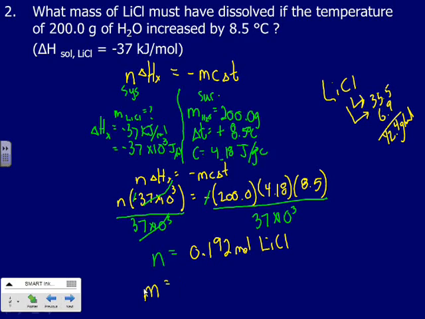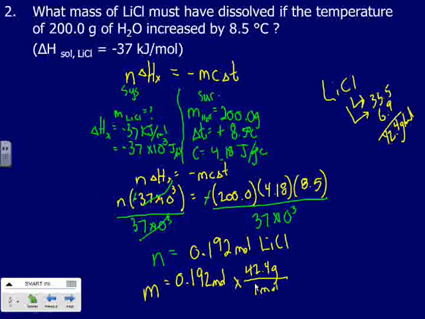And therefore the mass will be 0.192 moles. And we know how to do this. This is good old-fashioned conversion factors, and that is going to be 42.4 grams per 1 mole. Okay, and I get a number of 8.14 grams.